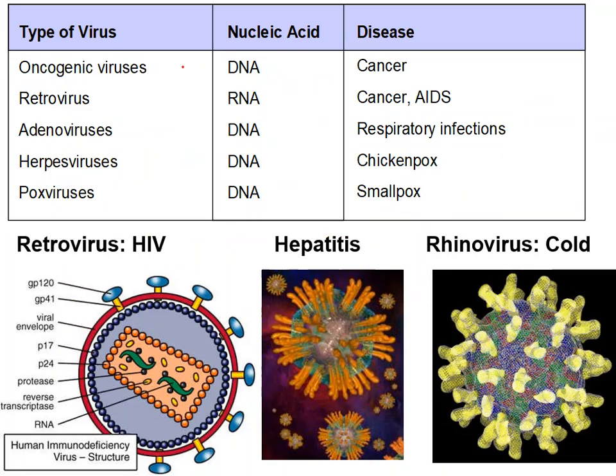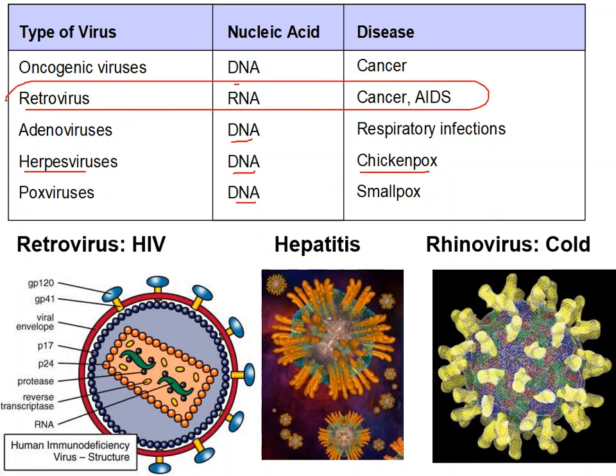Types of viruses, again, most are going to be DNA viruses. Here's the herpes virus, chickenpox, and cold sores, etc. Smallpox was caused by DNA. These are all DNA viruses, but I do want to point out one specific type of virus called a retrovirus. And that's because retroviruses have RNA.